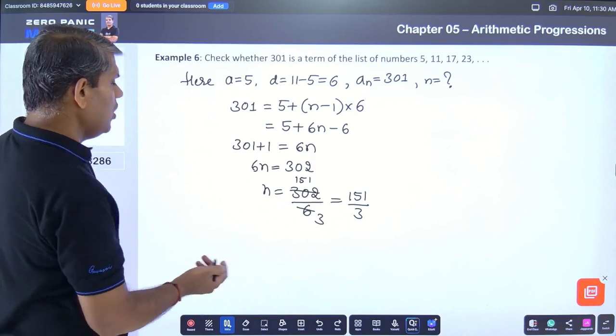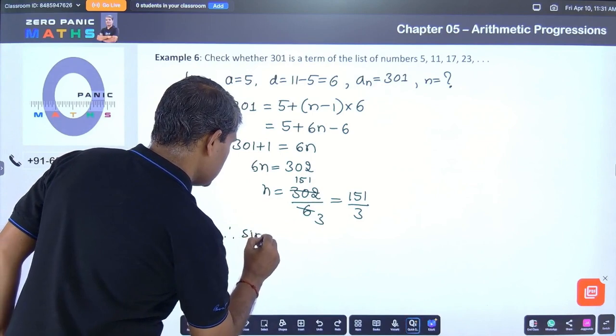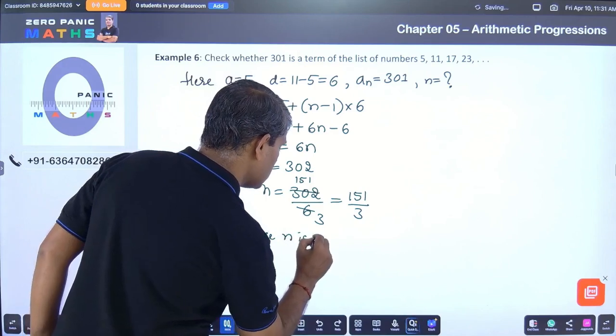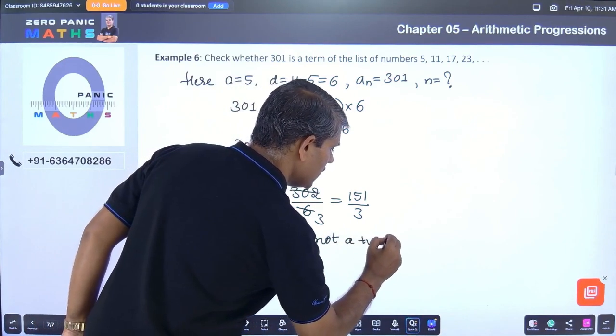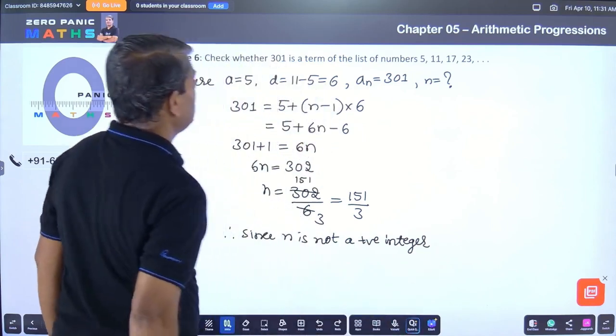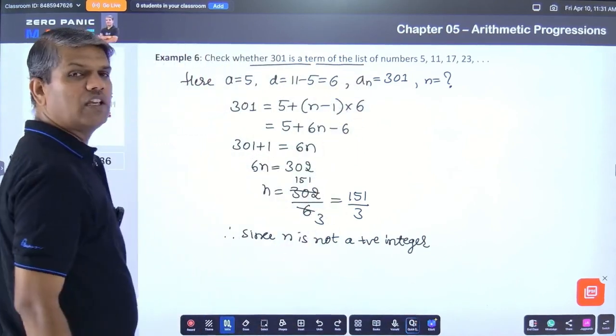Therefore, since n is not a positive integer, 301 is not a term of the given list.